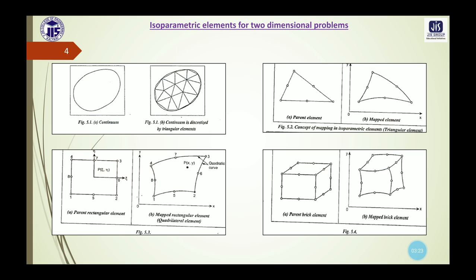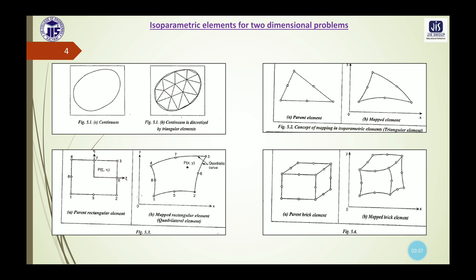What we can observe from 5.1b is that it is difficult to represent the curved boundaries by the straight edges of the triangular elements. A large number of elements may be used to obtain reasonable resemblance between the original body and the assemblage. But in order to overcome such a drawback, isoparametric elements are used.